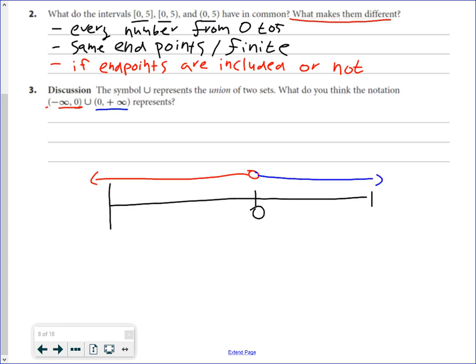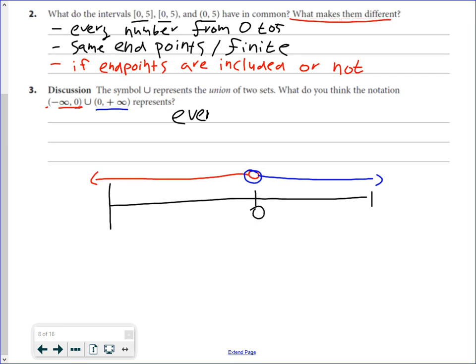So 0 to positive infinity starts at 0 and goes to positive infinity. When we add these two sets together, the union of the red and blue lines together gives us our new set, our new interval. All right. So now we need to know what this notation represents. It represents every real number but 0.